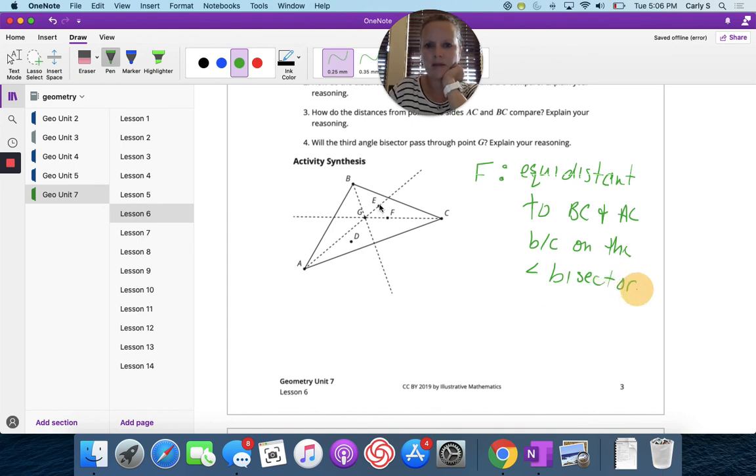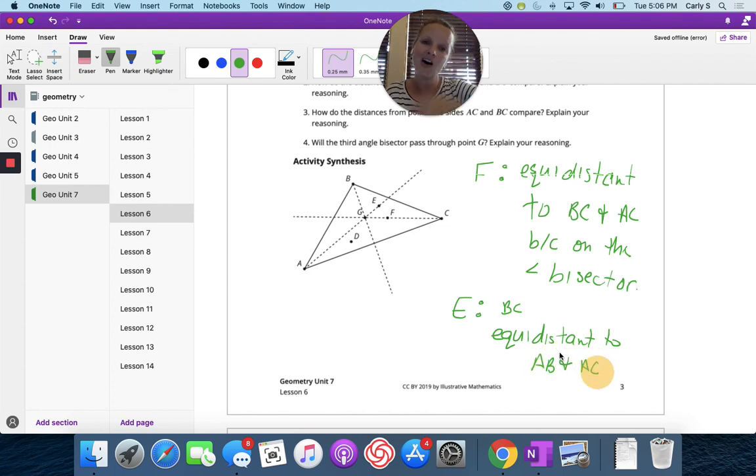Okay, how about point E? Which side is it closest to? I'd say it's closest to BC, but it's equidistant to AB and AC because it's on an angle bisector.